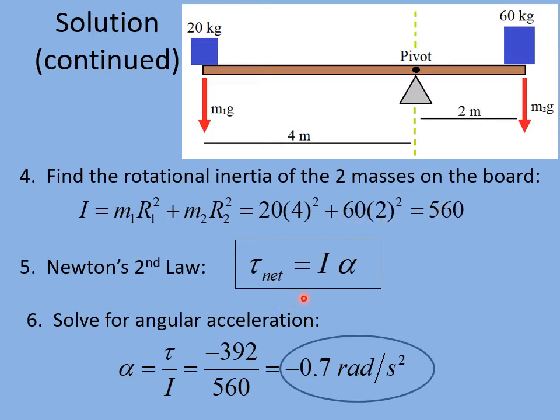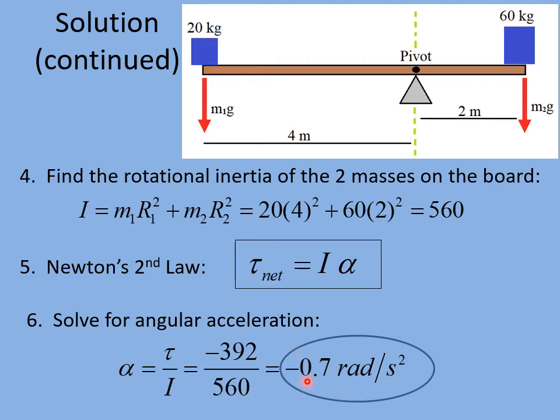Now we can use Newton's second law, solve for alpha, which is the angular acceleration. It's torque divided by I, rotational inertia. So our torque is negative 392 from the last slide, and I, we just calculated to be 560. So that gives us an angular acceleration of negative 0.7 radians per second squared. So what does this mean?